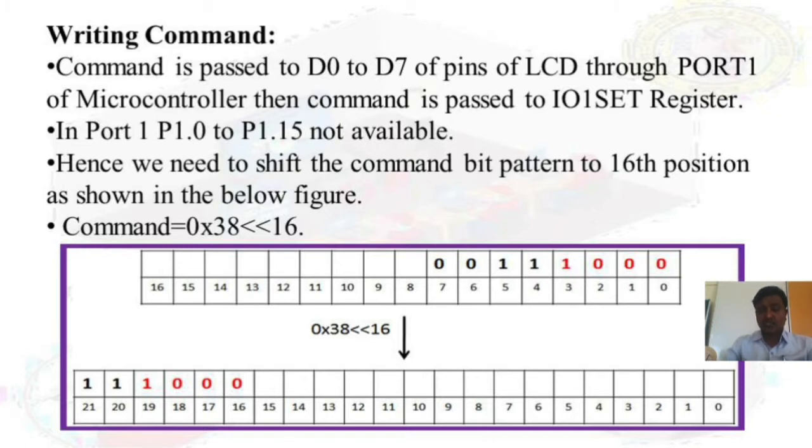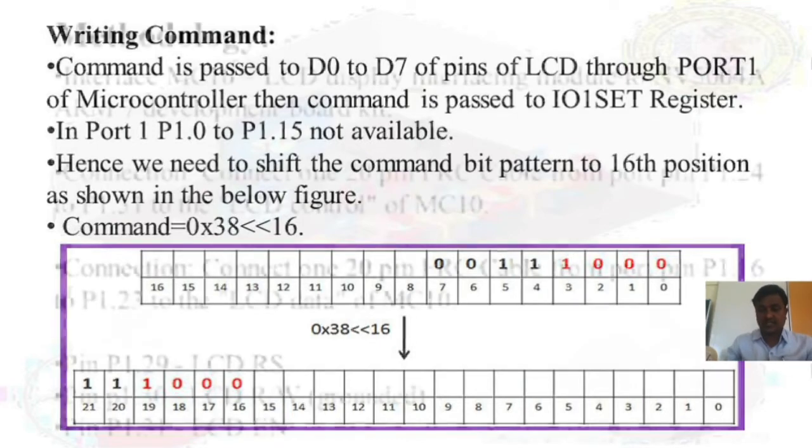Instead, we have to shift the command by 16 bits to get to the position of P1.16, as the arrow below shows. Positions 0 to 15 have no data written. The data written starts from the 16th bit position as shown in the figure, that is the red data 0, 0, 0, 1, 1, 1, and it continues. This is how we have shown an example of how the write command is used by shifting the 16-bit data register.